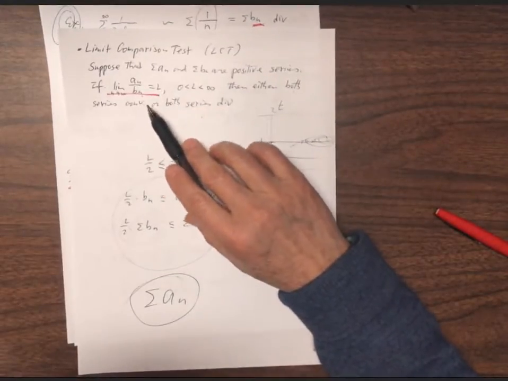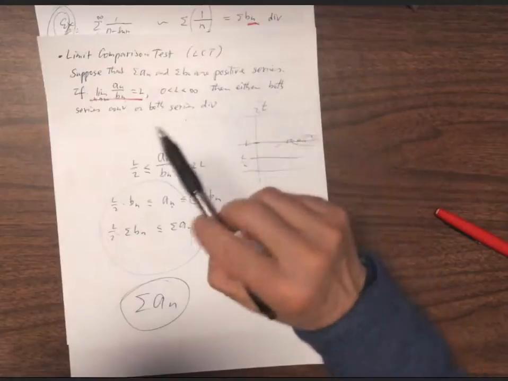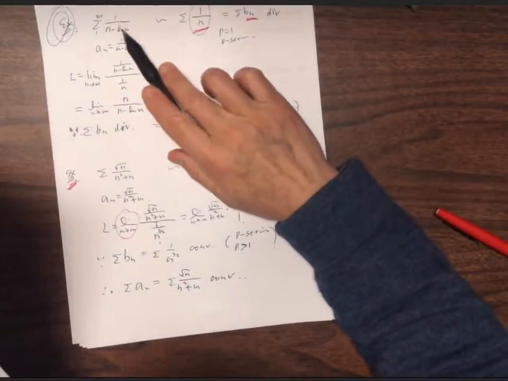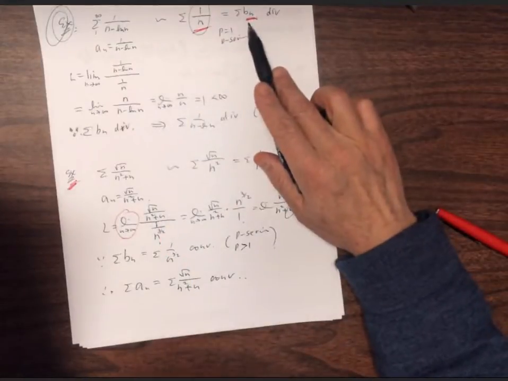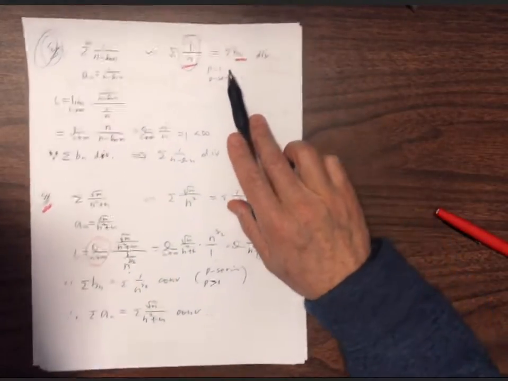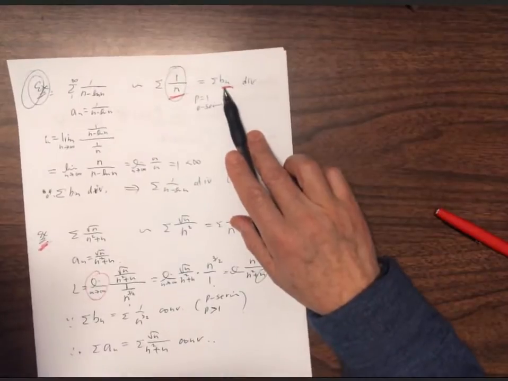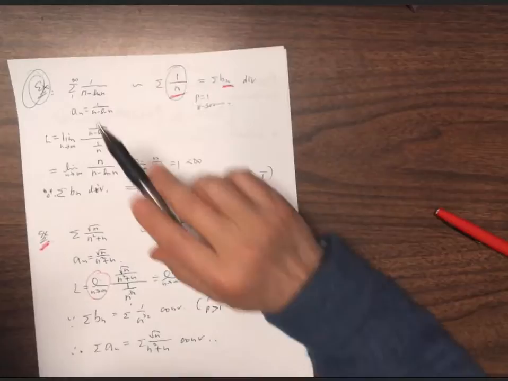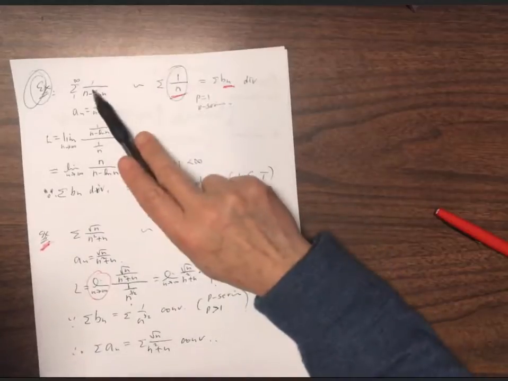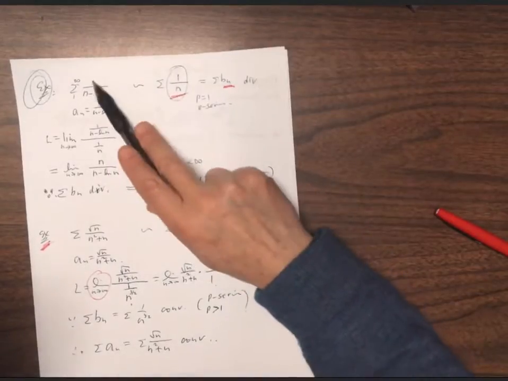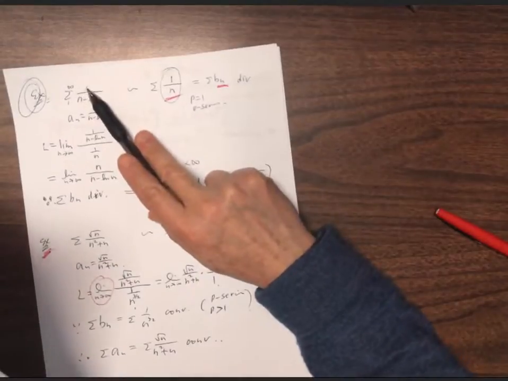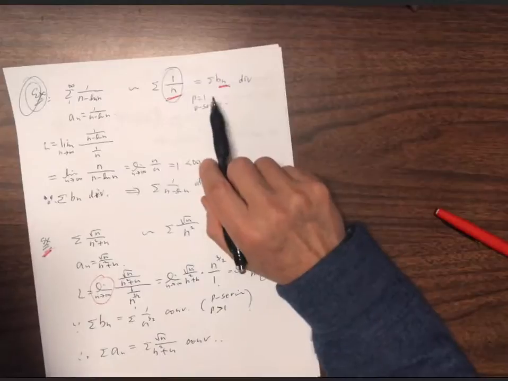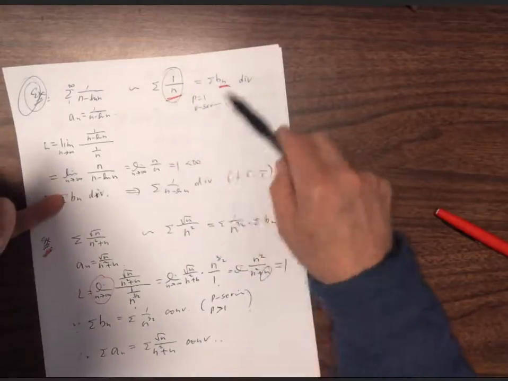The only problem is, if you cannot drop lower order terms to come up with a series we call sigma Bn that's known to converge or diverge, you won't be able to tell. You have to be able to simplify. Basically, you have to be able to drop terms. If you cannot drop, you cannot apply this test. We won't be able to find the sigma Bn. That's what I'm saying.